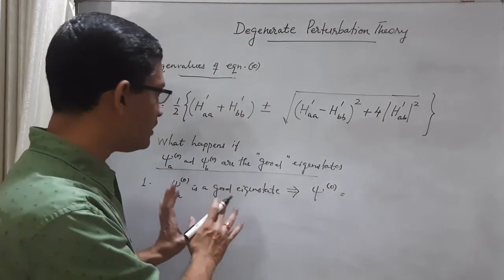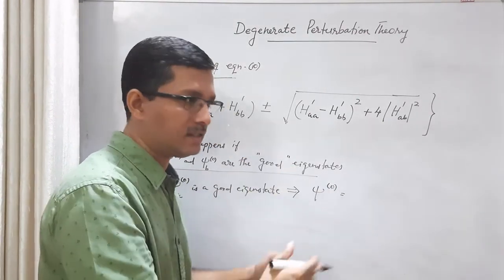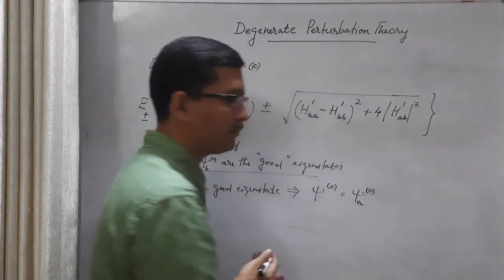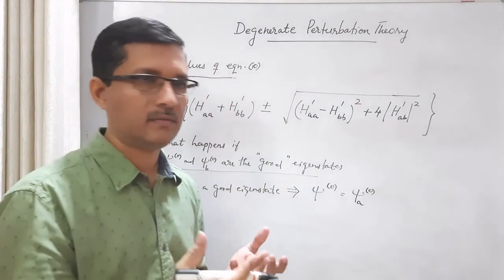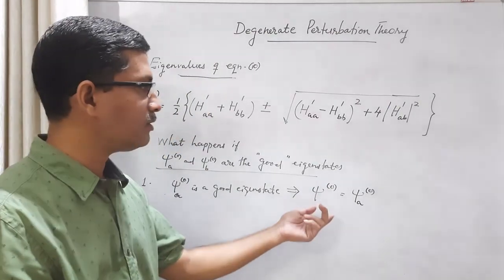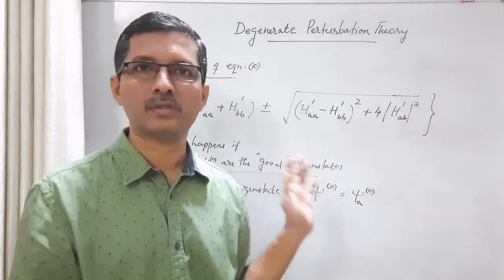So if psi A0 is a good eigenstate, one choice of psi 0 is nothing but psi A0. Instead of choosing a linear combination, we can simply choose psi A0.